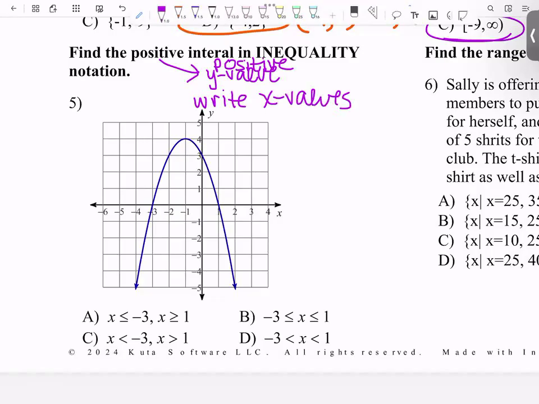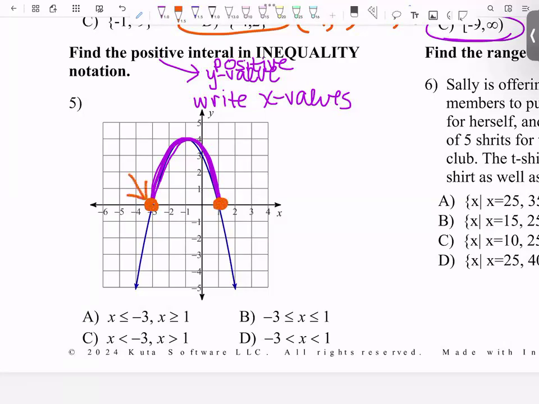So we're looking at where it has a positive y, but we're writing down the interval in terms of x. So this little section here, this little hump at the top, that has a positive y value. Right, so we look at that interval, that's from where x is -3 to x is 1.